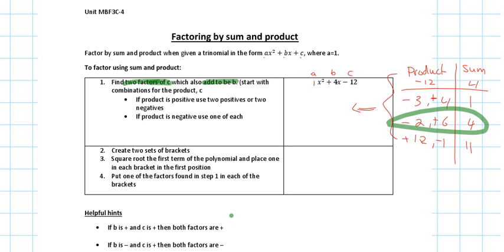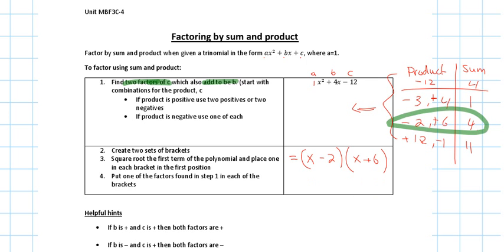So basically my factors are going to be x minus 2, x plus 6. Doesn't matter which one you write first, okay? As long as you have the correct sign for the right term.